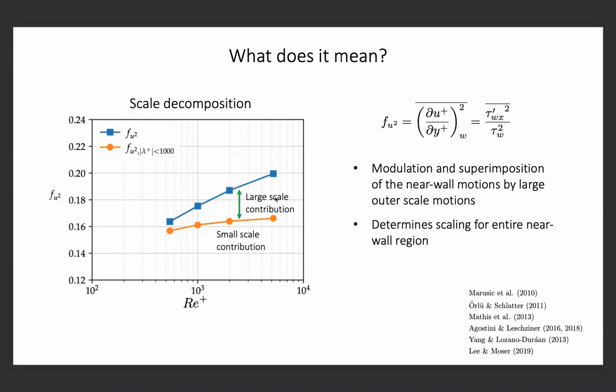And it's been of intense interest since that time. And here we see that this kind of modulation and superimposition by large-scale contributions is what's causing FU squared to grow. And by implication, of course, this is the entire inner region, including the peak, is growing at this rate. So it's all determined by this modulation and interaction.